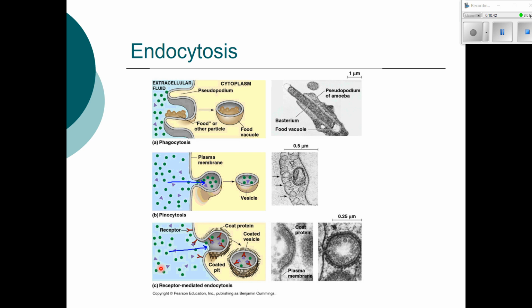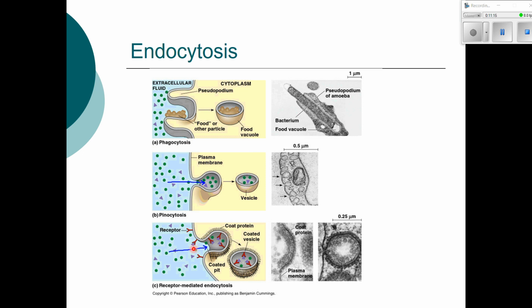With receptor-mediated endocytosis, instead of the cell just taking a random gulp of fluid and just hoping there's nutrients present, in this case, the cell uses these little, you see these little Y-shaped proteins? Those are called receptors. They look like the letter Y. Those receptors are specifically shaped so that they will only bind with a particular nutrient.